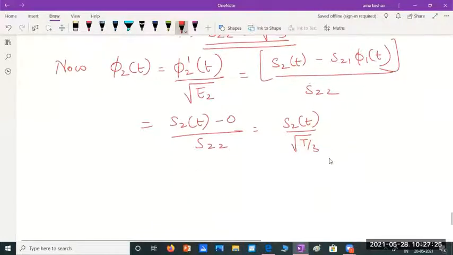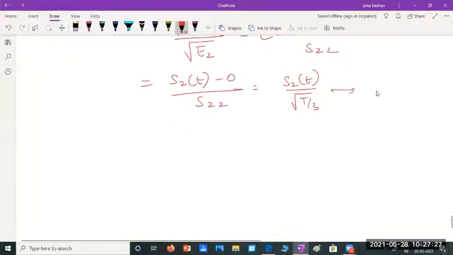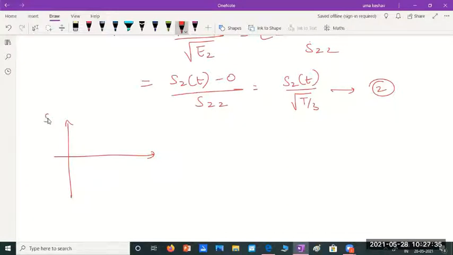So can we draw this signal? S2 minus S21 phi1, which we called as phi2 dash of t, is represented like this: t by 3, 2t by 3. This is how we represented this signal.